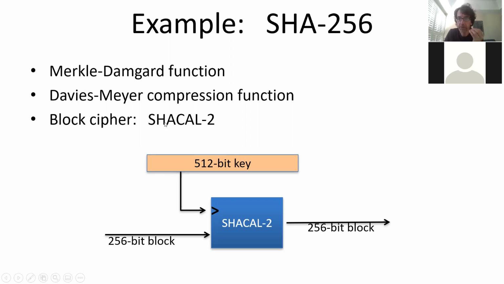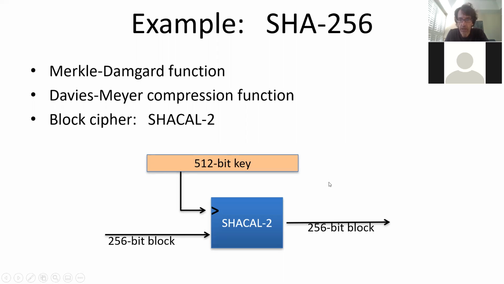The whole thing is about the block cipher inside. It's a particular block cipher that is really the heart of this SHA function. Because the output must be 256 bits, the block cipher works on 256-bit blocks, right?